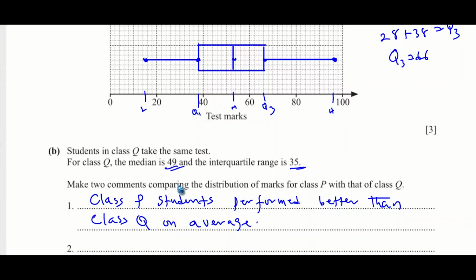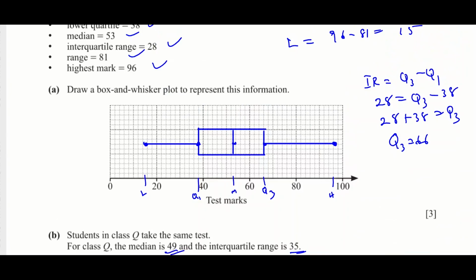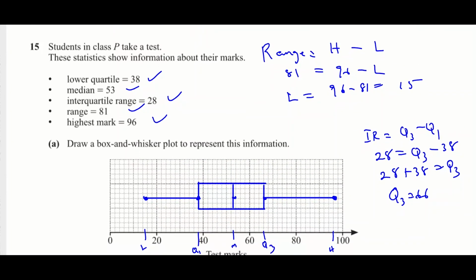Now, from this you see that 96 is the highest frequency. So the interquartile range will be Q3 minus Q1, and I think it's given, yes, 28.